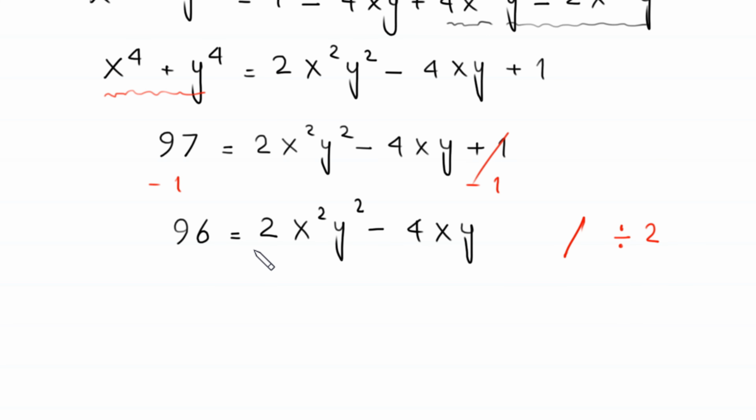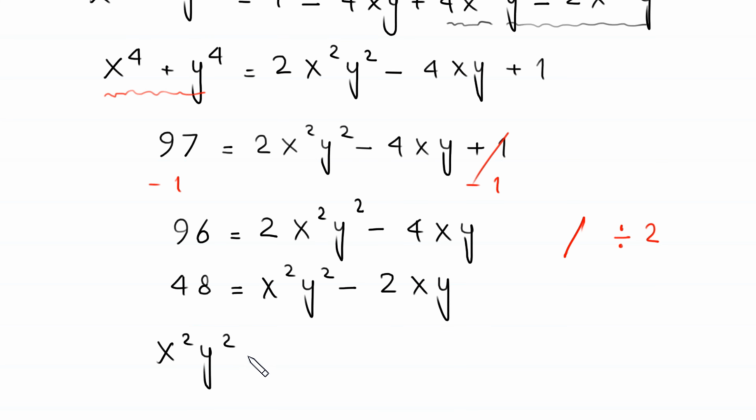So this will become 48 is equal to x squared y squared minus 2xy. Move this 48 to the right hand side. This will become x squared y squared minus 2xy minus 48 is equal to 0.